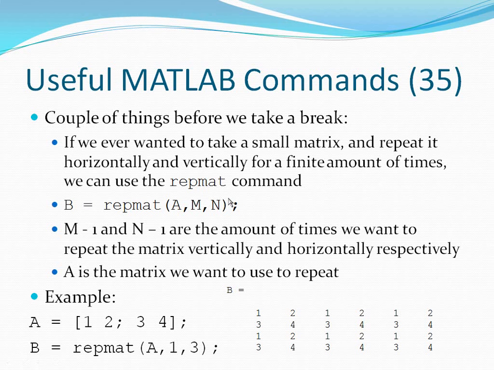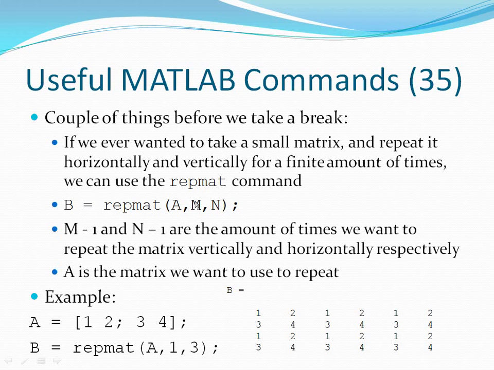So if you were to specify 2, you're going to see it repeated 1 time. So m minus 1 and n minus 1 are the number of times you're going to repeat the matrix vertically and horizontally. So, for example, if I were to make this 2 and 3, you're going to copy this vertically by 1 and then horizontally by 2.